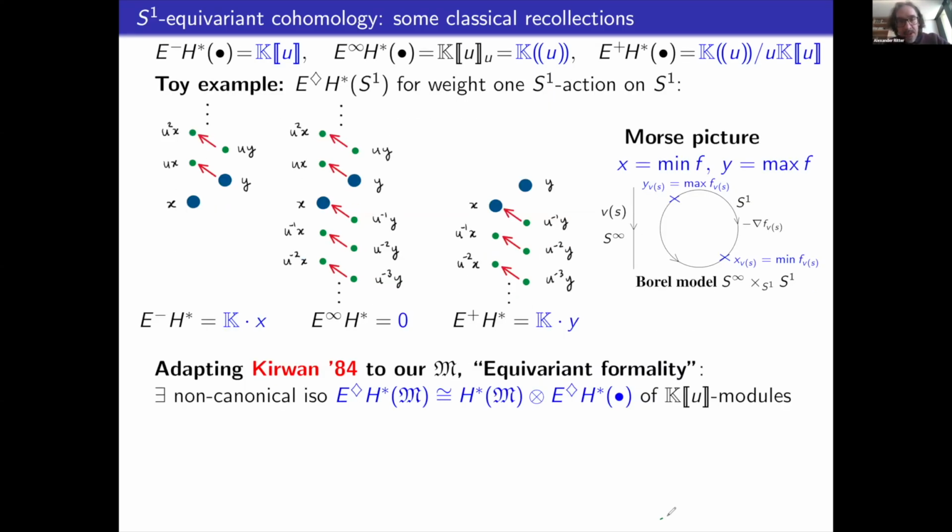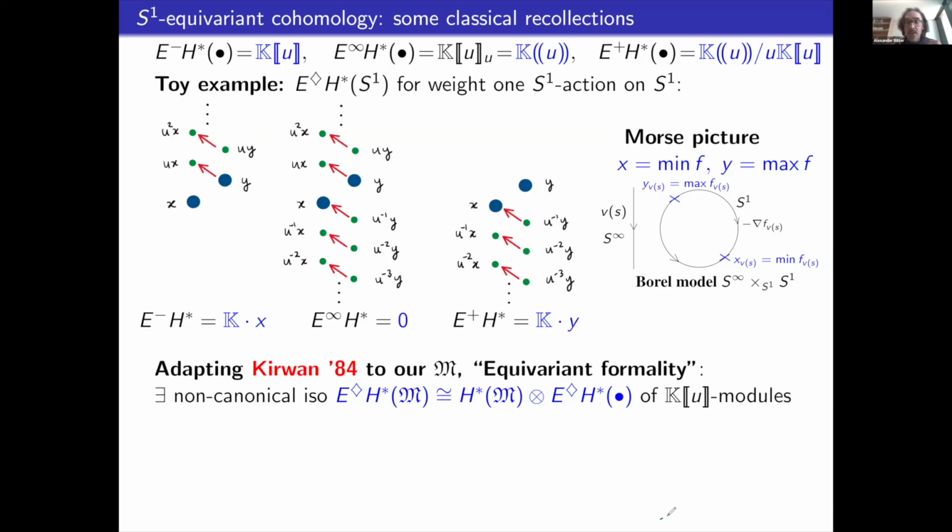Right, let me now mention, in our setting, we're doing Morse theory for a moment map, and there's this classical work of Kirwan called equivariant formality. So what happens if you are studying a Hamiltonian compact Lie group action on a symplectic manifold, the equivariant cohomology looks as if you had a trivial action.